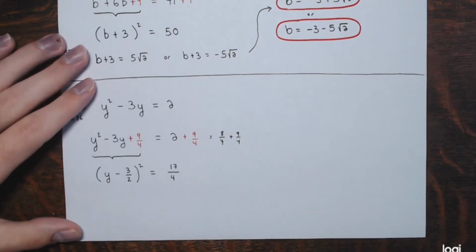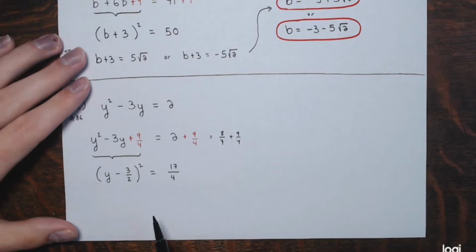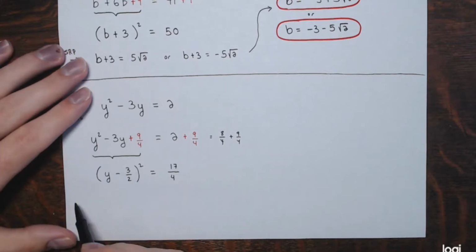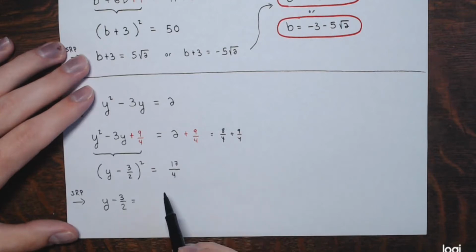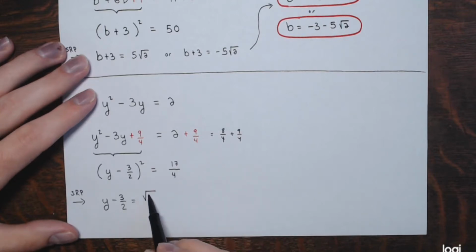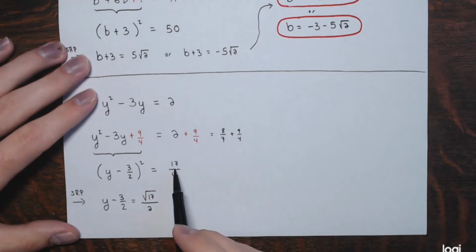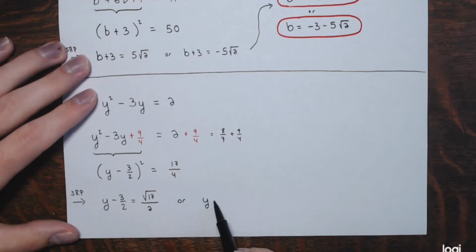Okay, and now I can apply that square root property. Right, we have something squared equal to a number. So SRP, by the square root property, y minus 3 halves is either positive square root of 17/4, which can be simplified to the square root of 17 divided by 2, right? Square root of 17 divided by the square root of 4. Or y minus 3 halves is the opposite of this, negative square root of 17 divided by 2.